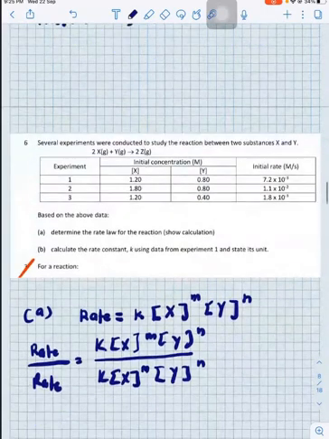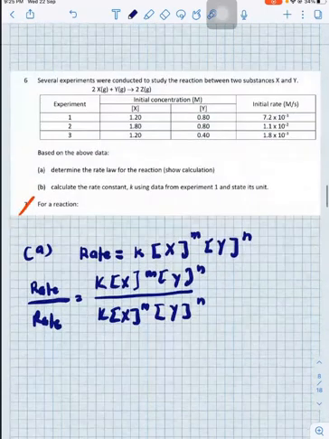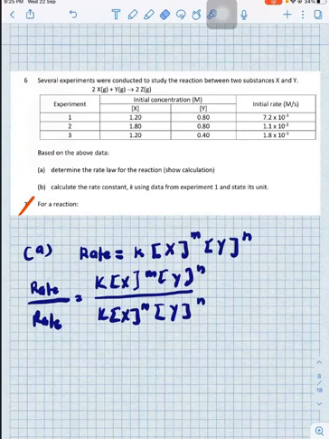Okay. So tinggal lagi 5 minit lebih kurang. So madam nak tunjuk satu lagi soalan nombor 6. Is that okay? Boleh. So insyaAllah yang ni last lah untuk malam ni nombor 6. So this is from your workbook juga. Okay, so we have several experiments conducted to study the reaction between substance X and Y. So kita tahu reaktan kita ada dua, X dengan Y. Itu je penting untuk kita kan.